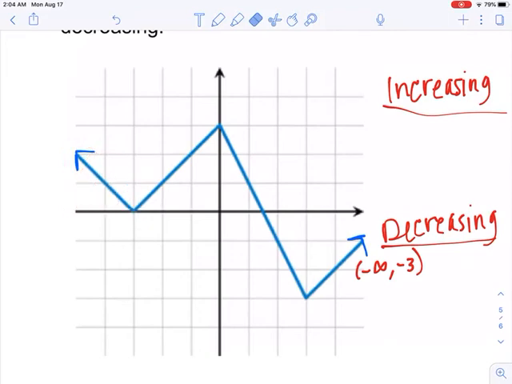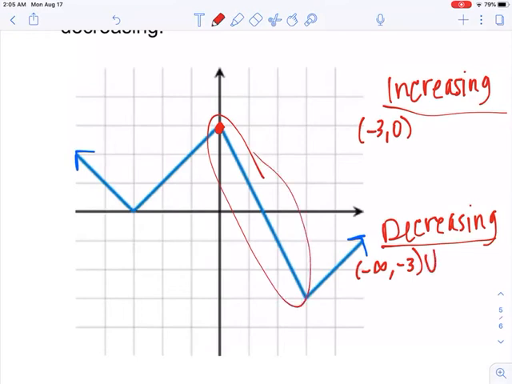Then, at this negative 3, we begin to increase until we hit this point right here. So from negative 3 to 0, we are increasing. Remember, we're using our x values, okay? Now, when we hit that top point at x equals 0, we start to decrease again.